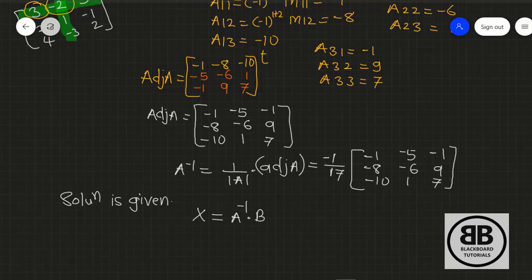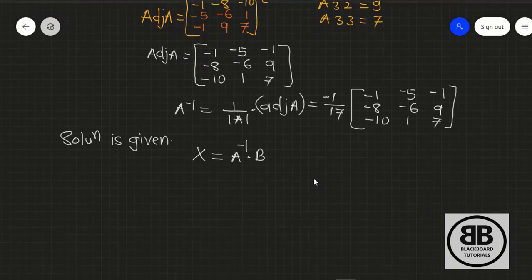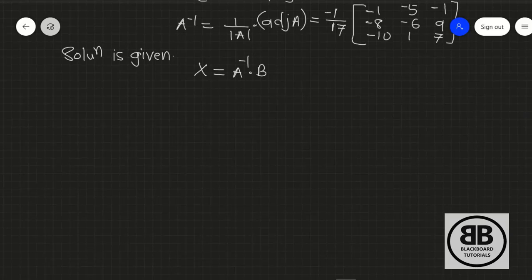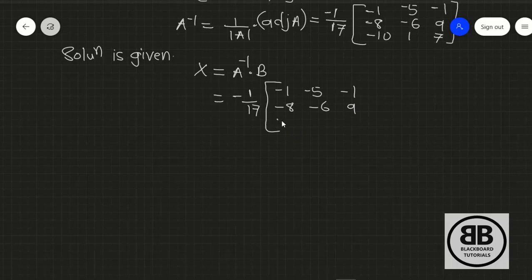Okay. So we have to multiply A inverse and B. So A inverse is given by, it is equal to minus 1 by 17 times the matrix: minus 1, minus 5, minus 1, minus 8, minus 6, 9, minus 10, 1 and 7.